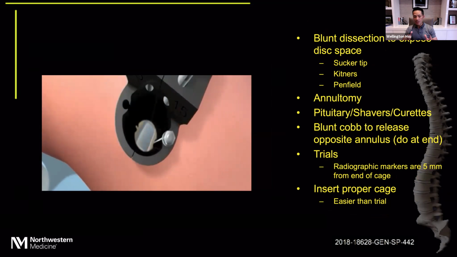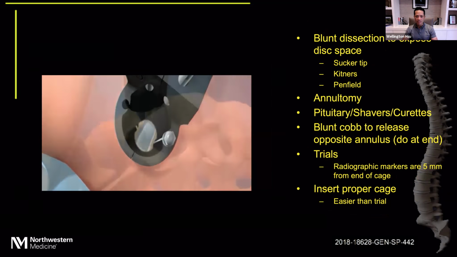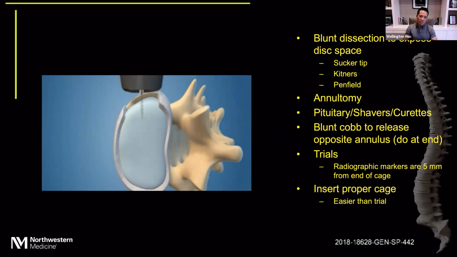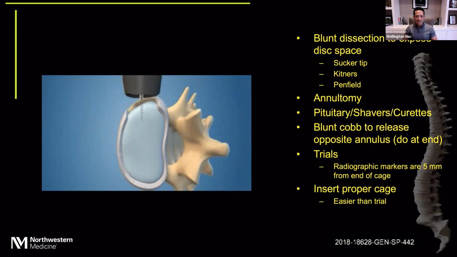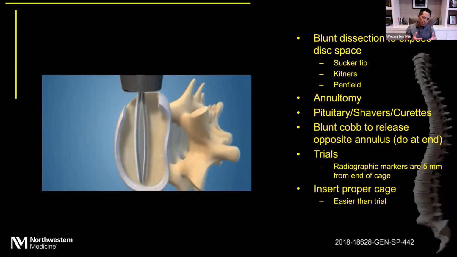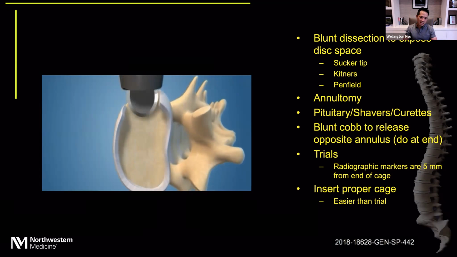But this is a very powerful operation, meaning that this exposure is enough for you to remove pretty much all of the disc. I would say that an ALIF probably provides a little bit more opportunity for lordosis because you're removing the ALL and because of gravity, and you can probably see a little bit better in terms of the disc because it's open.